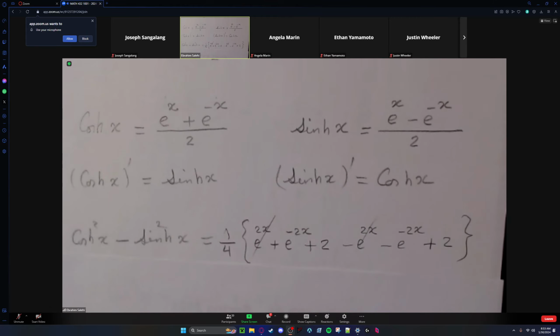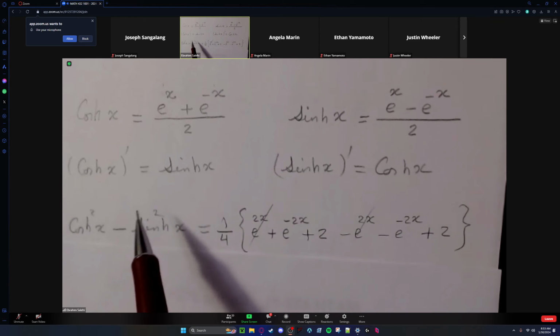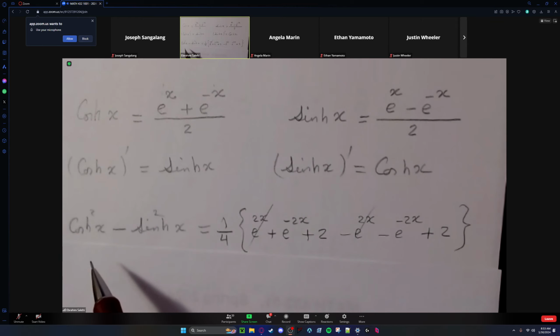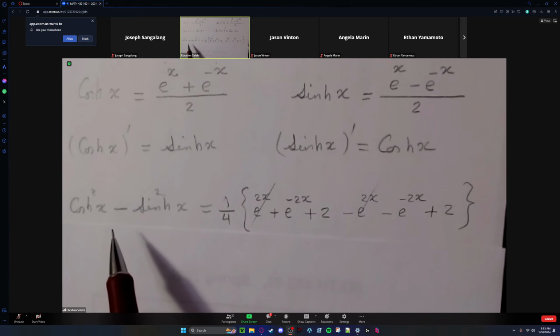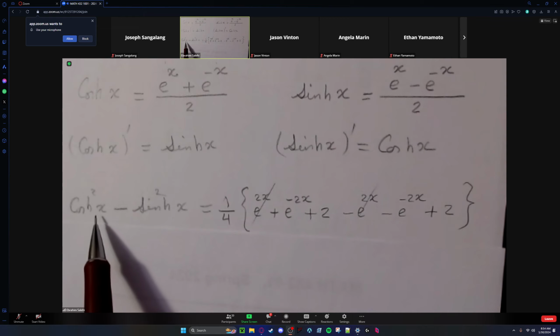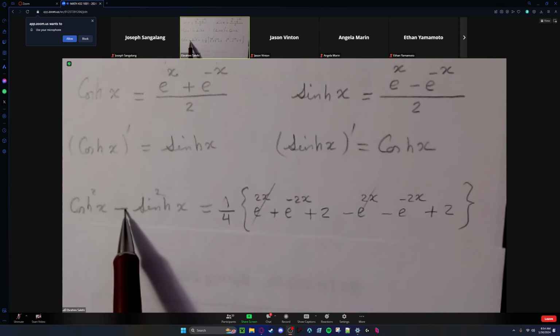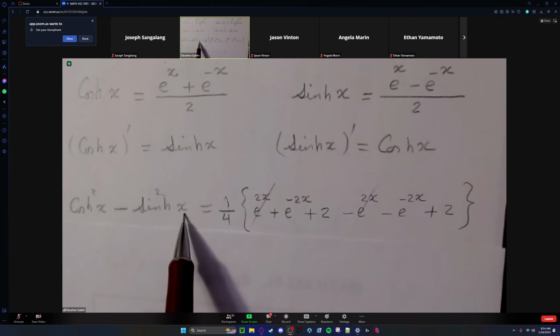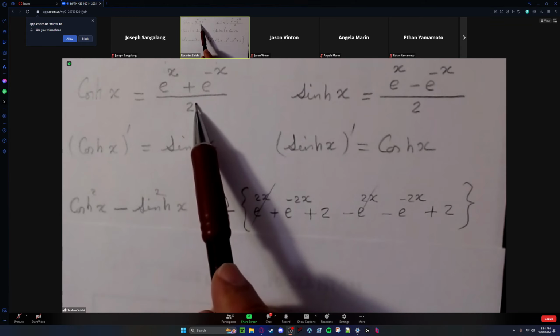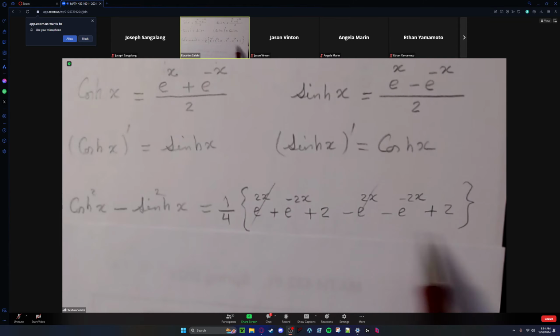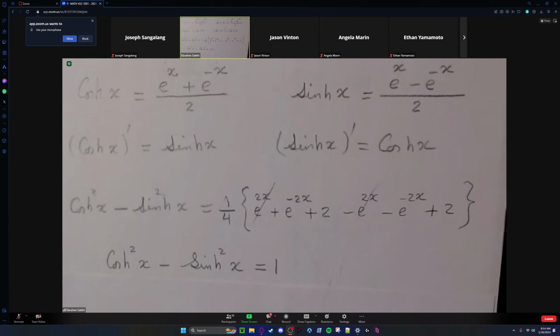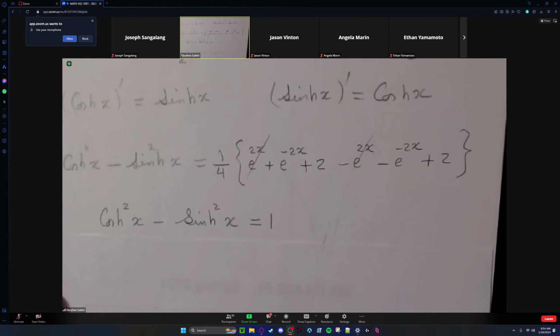What else do we know? Well, in trig functions, cosine squared plus sine squared is 1, the famous trig identity. But here, when you form cosine hyperbolic squared minus sine hyperbolic squared, this square minus that square, if you go through the multiplication and simplify, you will get 1, right?